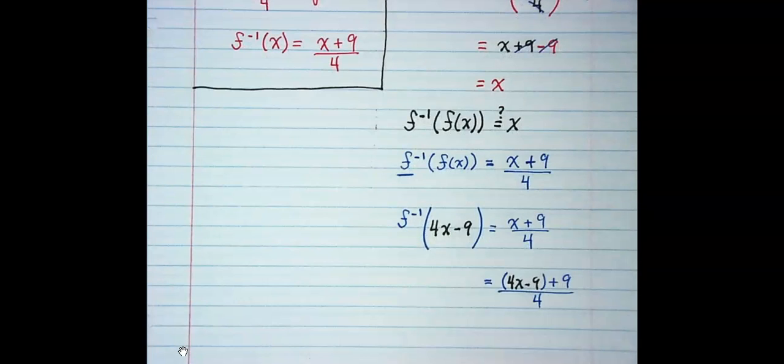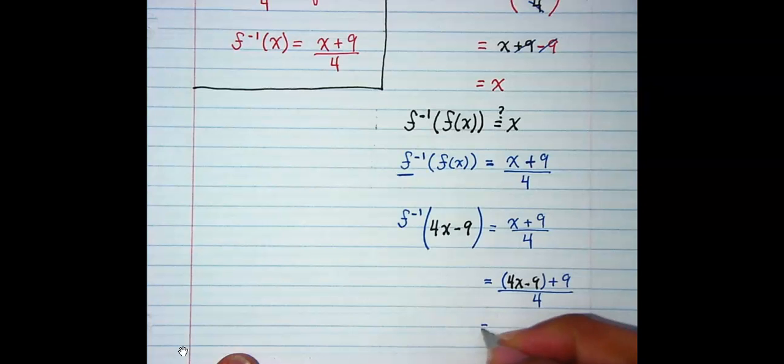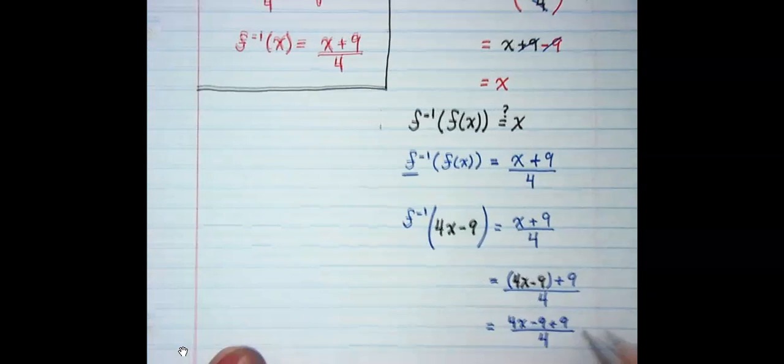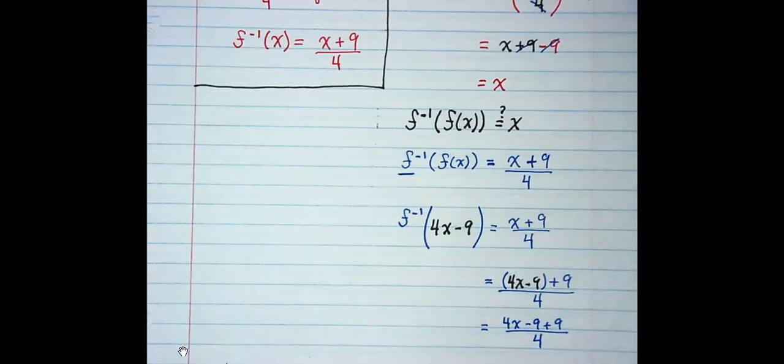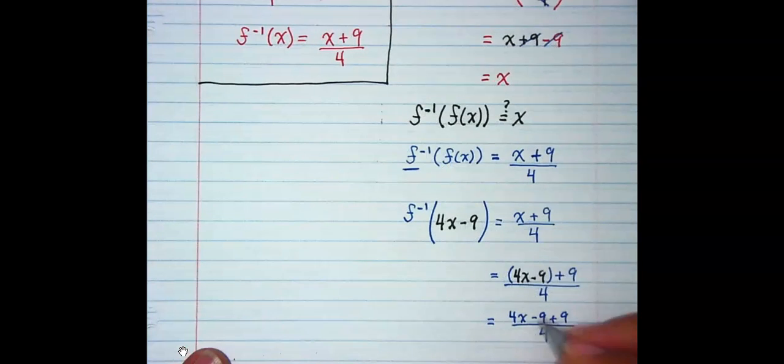All right, so we simplify down now. We can drop the parentheses because there's nothing being distributed. So really, we're dealing with 4x minus 9 plus 9 divided by 4. The negative 9 and positive 9 cancel out.